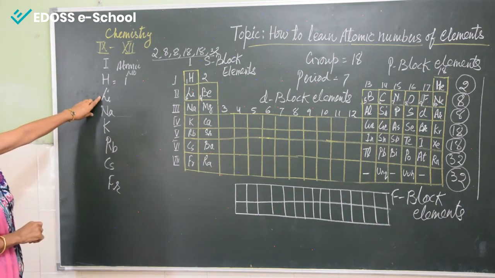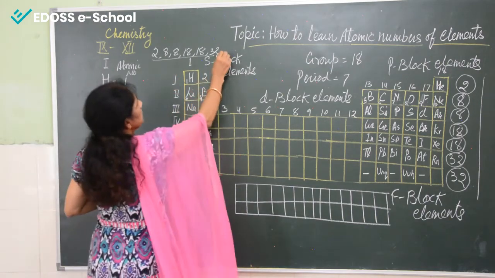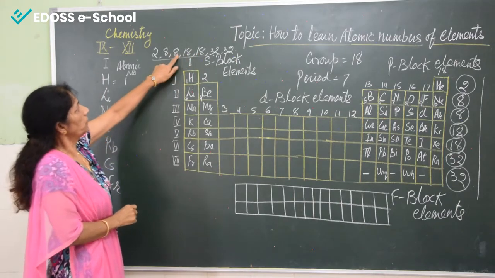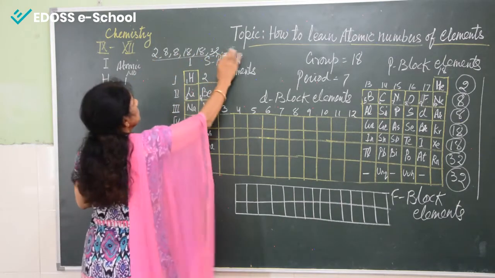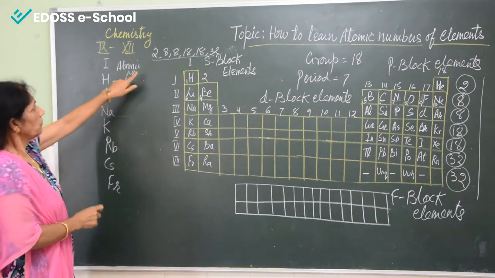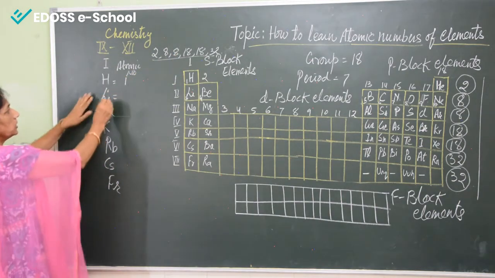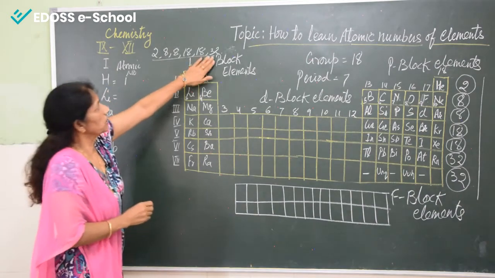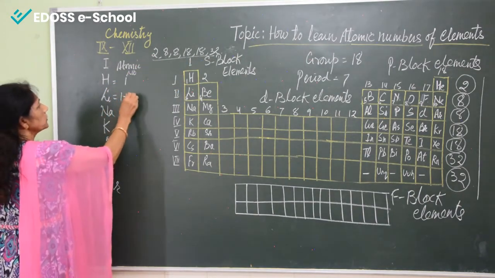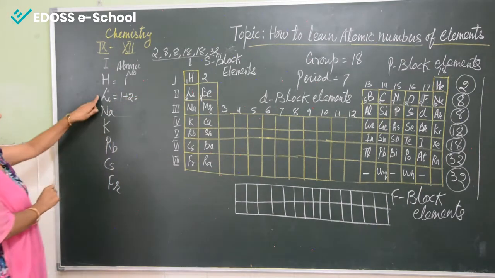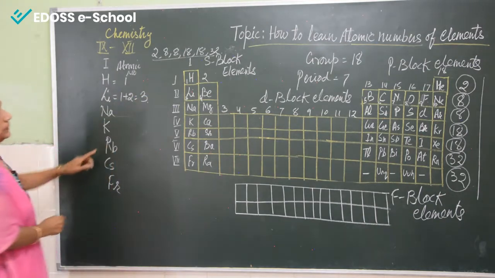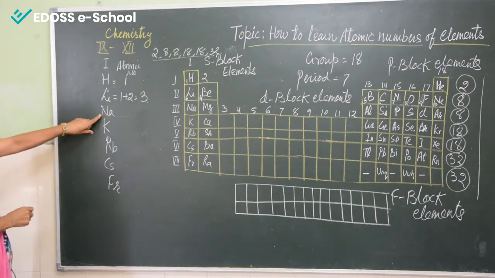So counting on, the sixth one is 1, 2, 3, 4, 5, 6. This is number 6, and from here it also comes to 6. So we add 1 plus 2 to it, and the atomic number of lithium will be 3. Now of sodium.